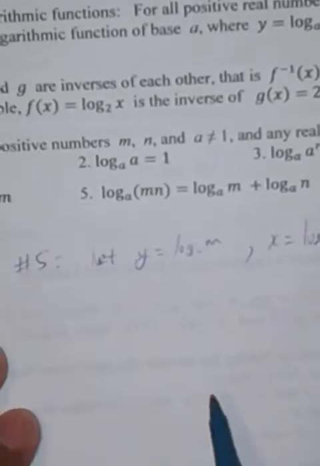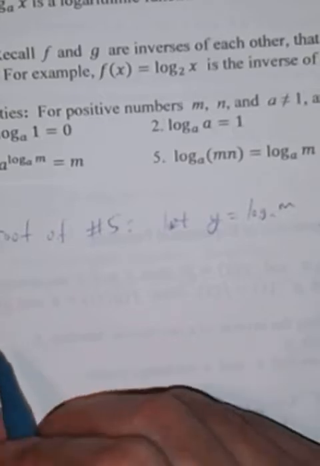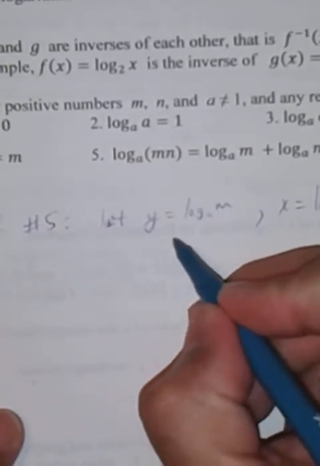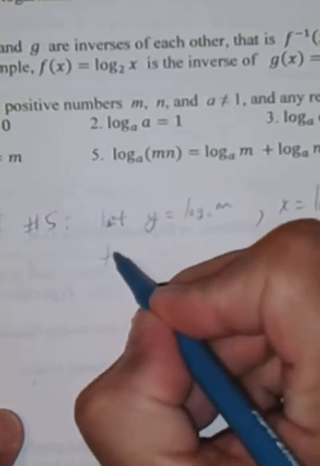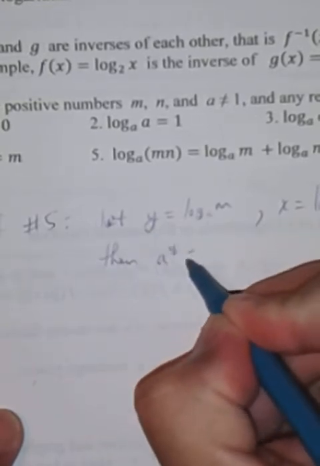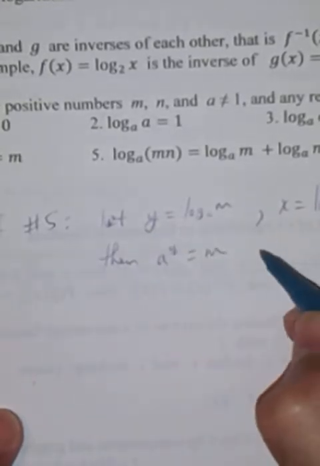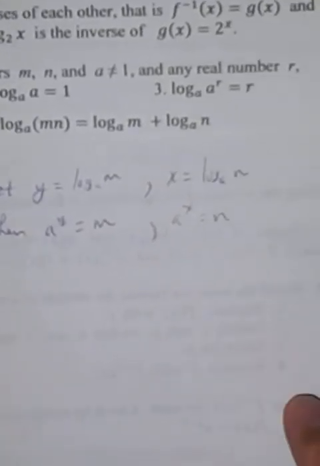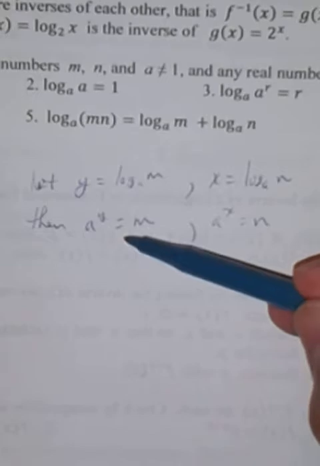Notice that's those two. Okay, so we would then say if y equals log base a of m, that means a to the y equals m, and a to the x equals n. Right? We just rewrote that as an exponential.